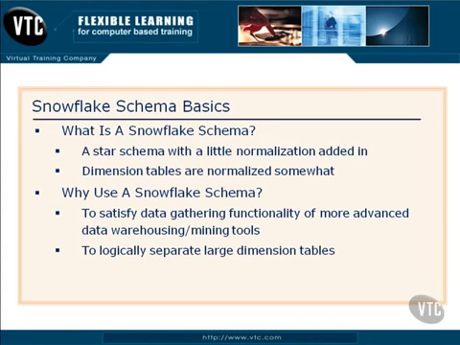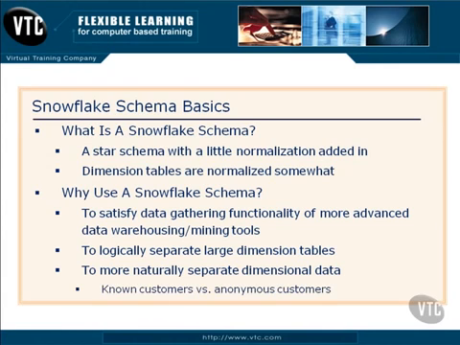Now, you can also use this Snowflake schema to logically separate very large dimension tables, to make them a little more human readable, to split the data up logically, to more naturally separate it so it's easier to follow, to help you deal with certain things that are inherent in the data, like known customers versus anonymous customers.